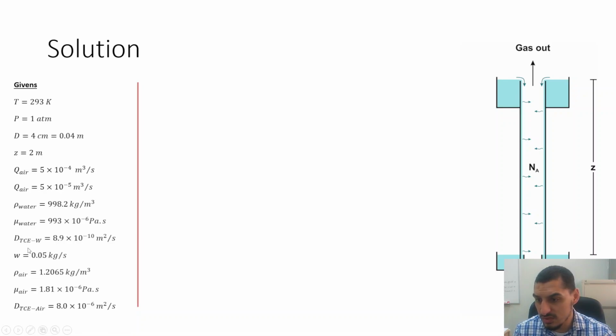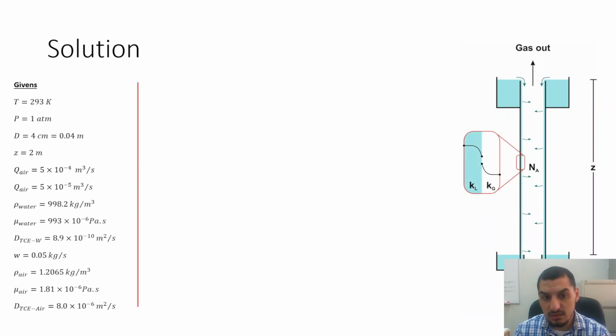The diffusion coefficients are already in square meters per second, I'm sorry. Here I got this information about the density of air, the density of water, the viscosities, and all these parameters. I got them from the appendix, so they are already there, and we saw how to get the values previously. So this is something that we can easily get.